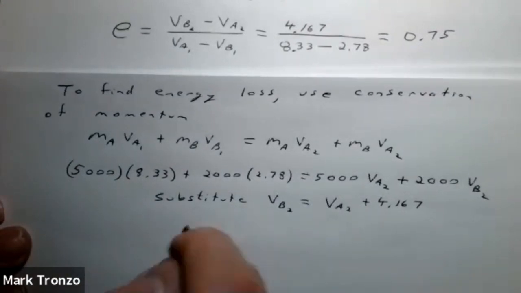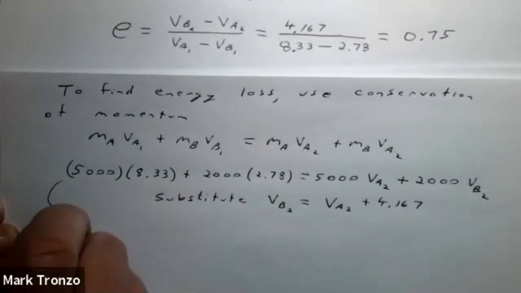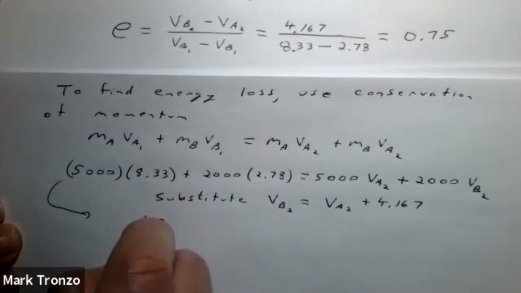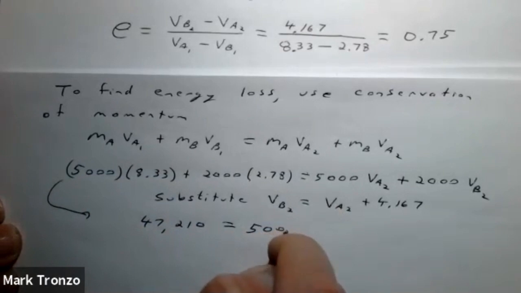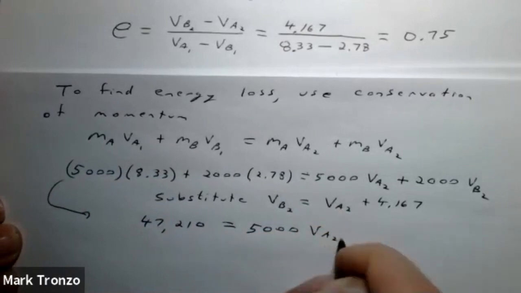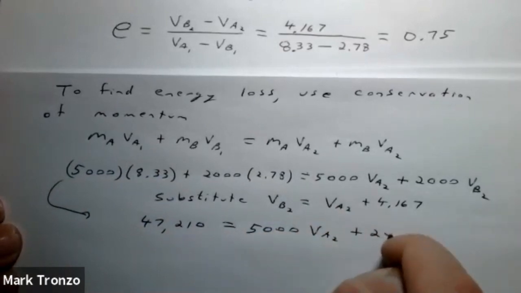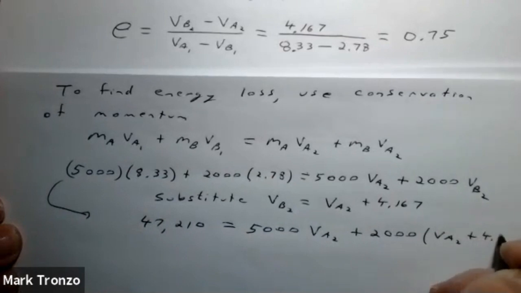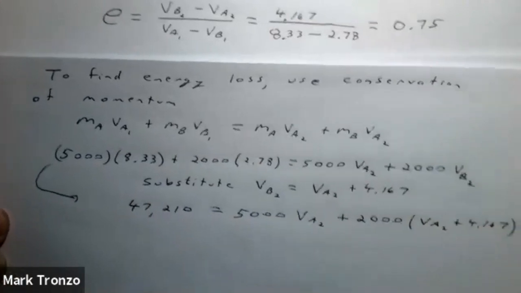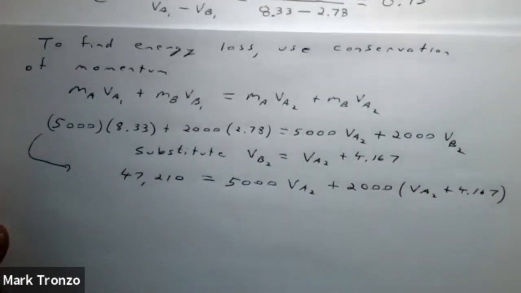When you do that on the left side, if you multiply all these numbers out, you get 47,210. And on the right, we're going to have 5,000 VA2 plus 2,000 times VA2 plus 4.167, like that.